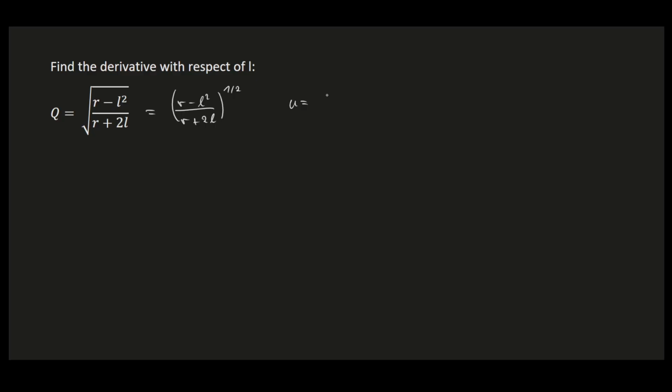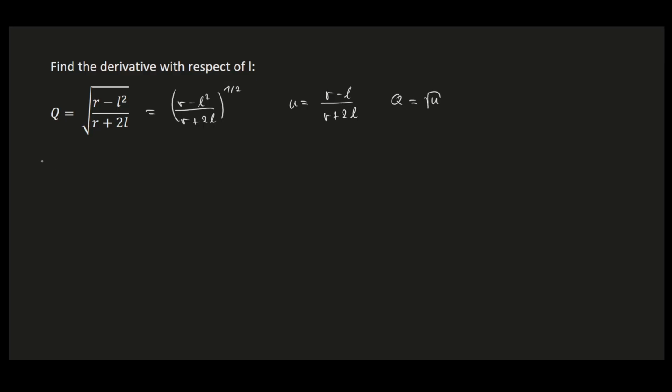So u is r minus l squared over r plus 2l, and capital letter Q is the square root of this. So we can find the derivative, or differentiate, both equations independently.